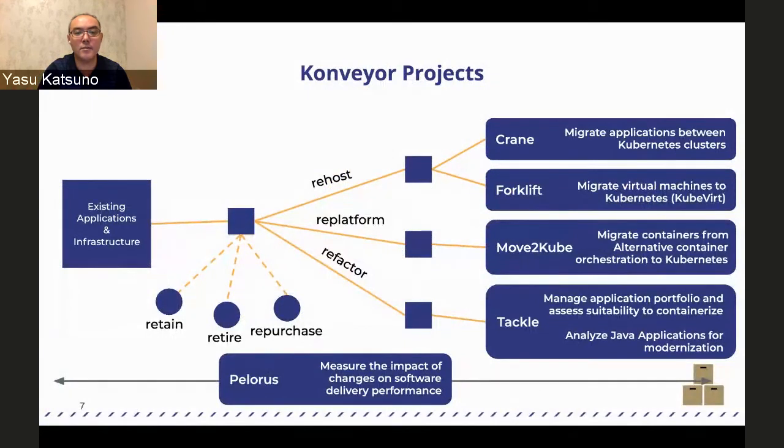Here is another view, the developer's view. The left side is the input. A developer wishes to migrate existing applications to Kubernetes, a brand new world. The developer has six choices: rehost, replatform, refactor, retain, retire, repurchase. Tackle is this refactor part.